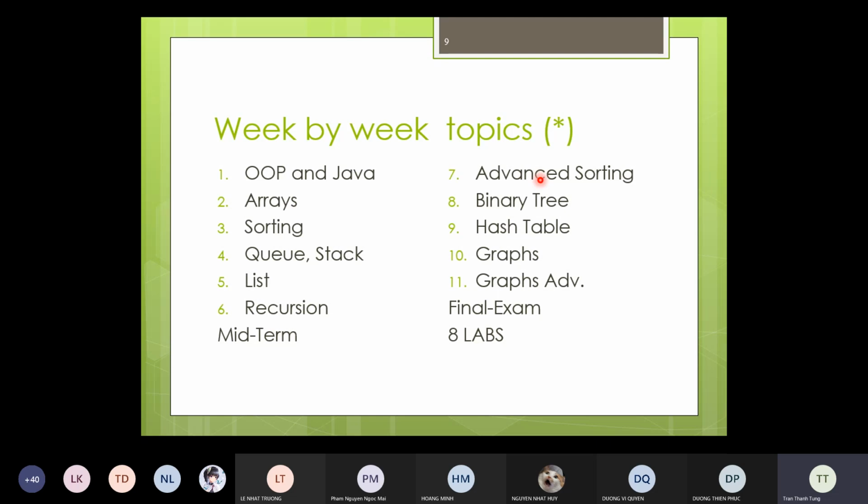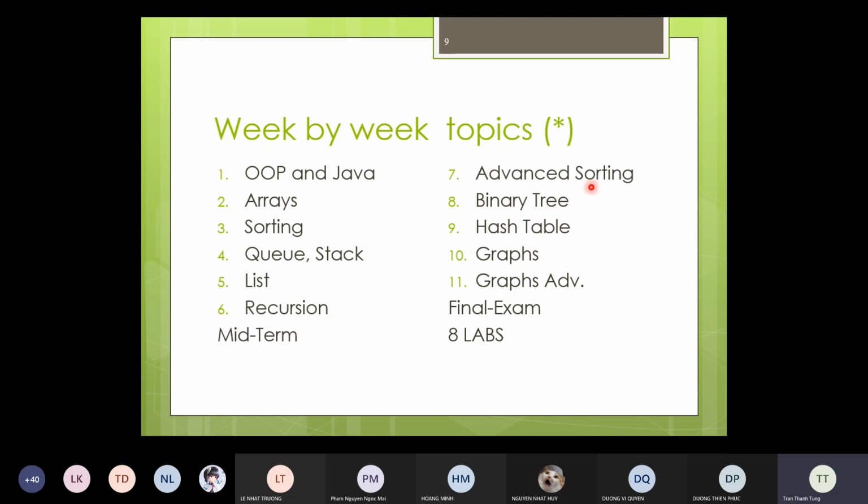That may include quick sort. So we have sorting, binary tree, hash table, and then graph and advanced graph algorithms, with different kinds of graphs.